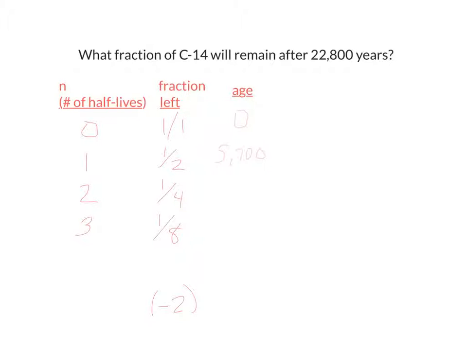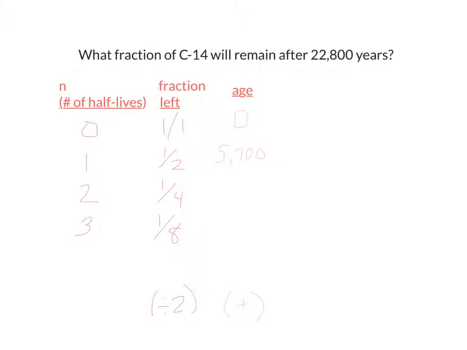At this point, for age, we are going to be adding 5,700 each time. This is different than the divided by part that we did on divided by 2, so please don't multiply by 2 or divide by 2 in this column. It's adding 5,700 every time.